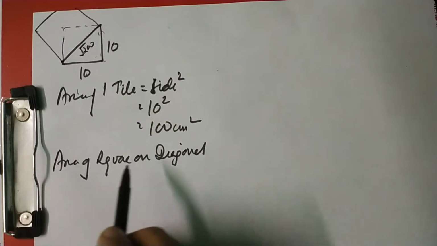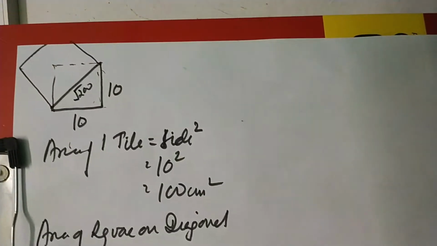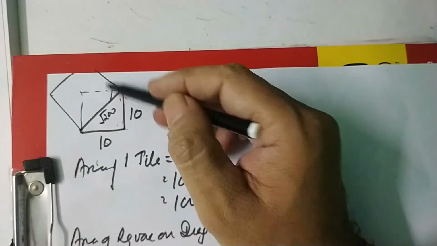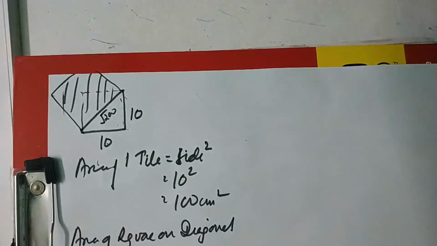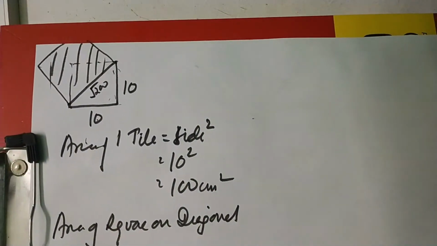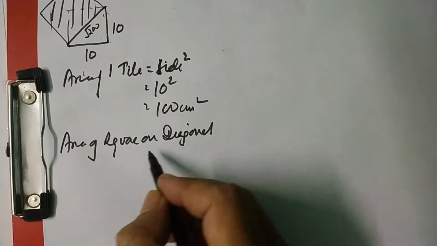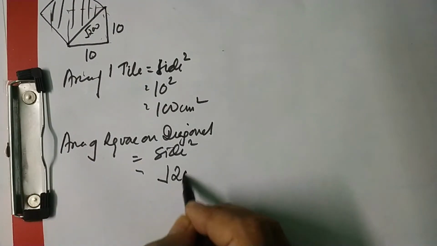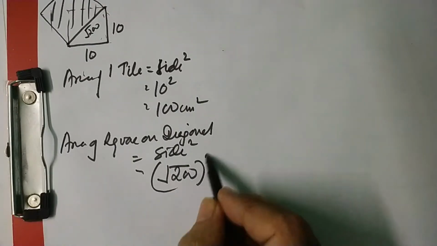So area of the square on the diagonal is 200, and now I am finding the area of this square. So what is the area of this square? We have found that it is also side square, which is under root of 200 square.